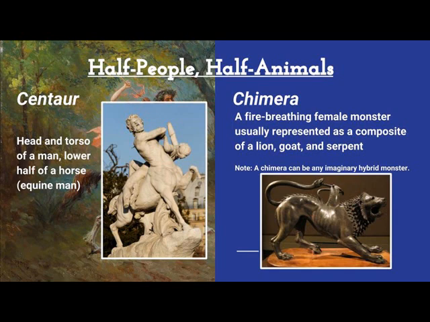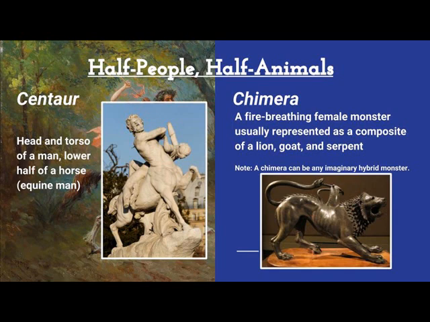The following are mythological terms for half people, half animals: Centaur, head and torso of a man, lower half of a horse; equine man. Chimera, a fire-breathing female monster, usually represented as a composite of a lion, goat, and serpent.